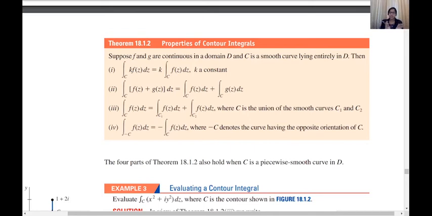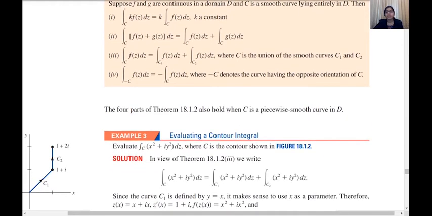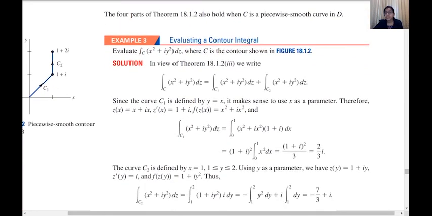So everything is the same as our usual integration. Let's see how we can integrate if we are given smooth curves, or C is written as the union of other smooth curves.